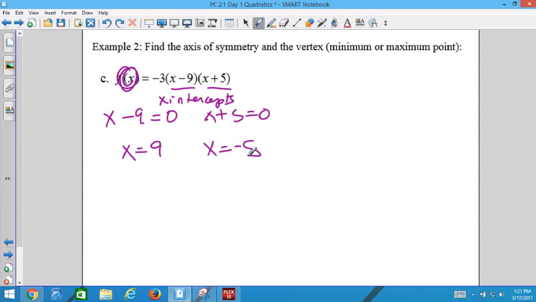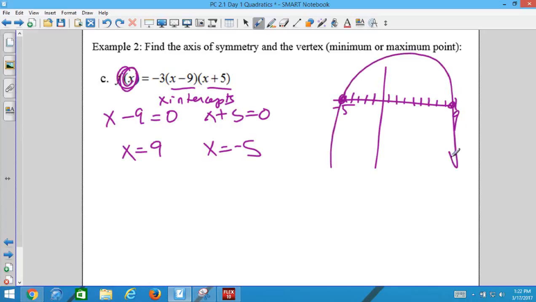Now why did I need to find those? I know that I'm going to have a graph that is flipped down because I have that negative sign in front. And it's going to pass through negative 5 and 9. I need to find my axis of symmetry and my vertex, which is right in the middle of those two numbers.